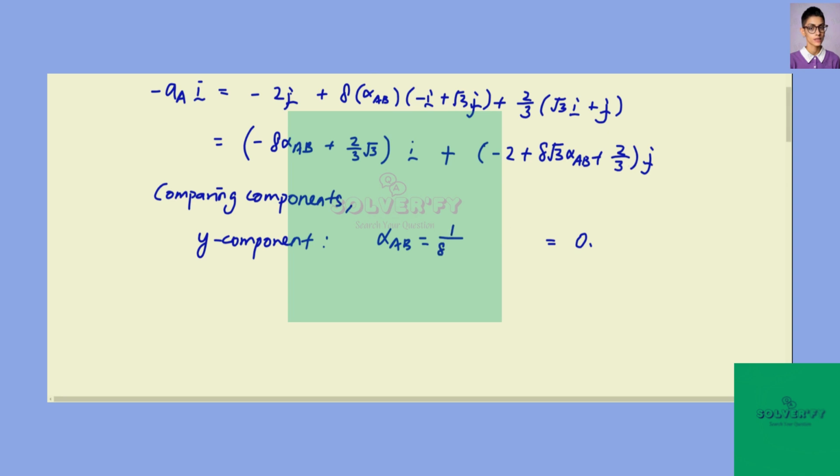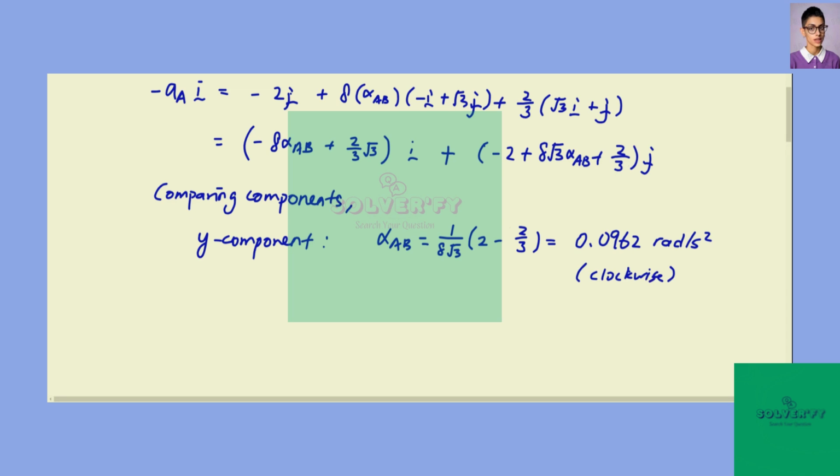So 1/8 root 3, times 2 minus 2/3. So you get 0.0962 radians per second squared. Just remember that this is clockwise.